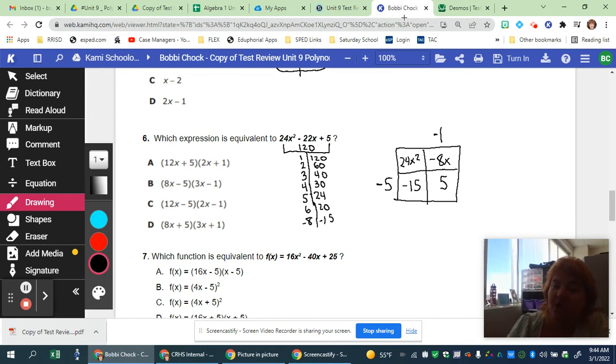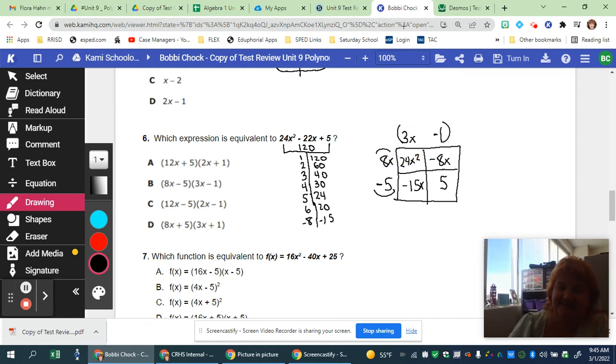Then I just say, okay, well, what times negative 5 will give me negative 15x? And that would be 3x. See? And then what times 3x would give me 24x squared? Well, that would be 8x. See? And then does 8x times negative 1 equal negative 8x? Yeah, it does.